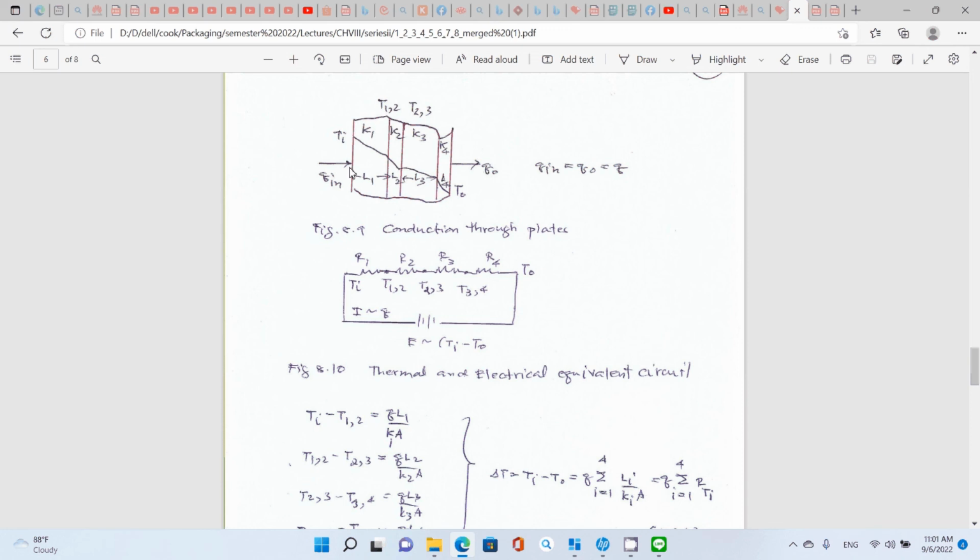You have the heat flowing from the left to the right, and of course, Q in equal to Q out, let it be Q. You can look at this as a thermal resistance network, R1, R2, R3, R4 in series, and you have junction temperatures Ti, T12, T23, T34.